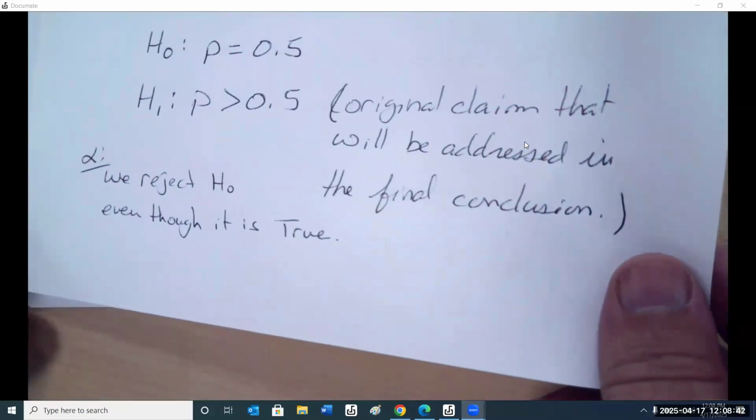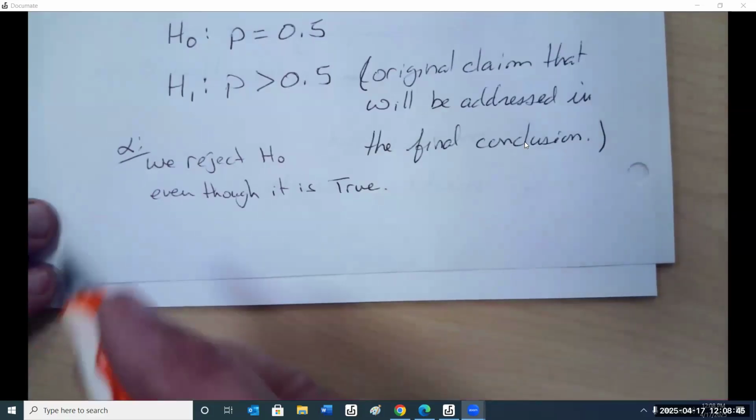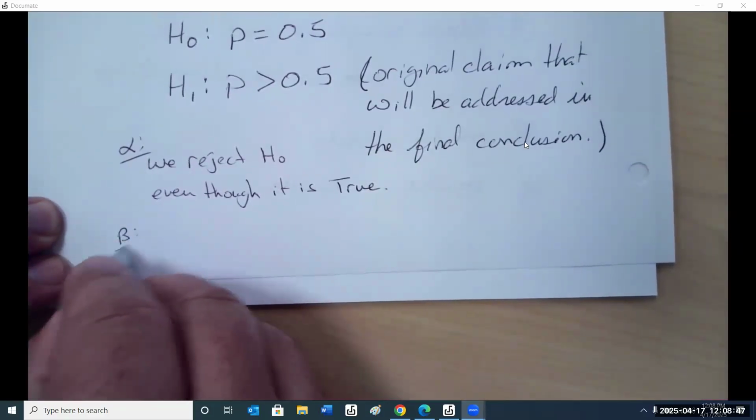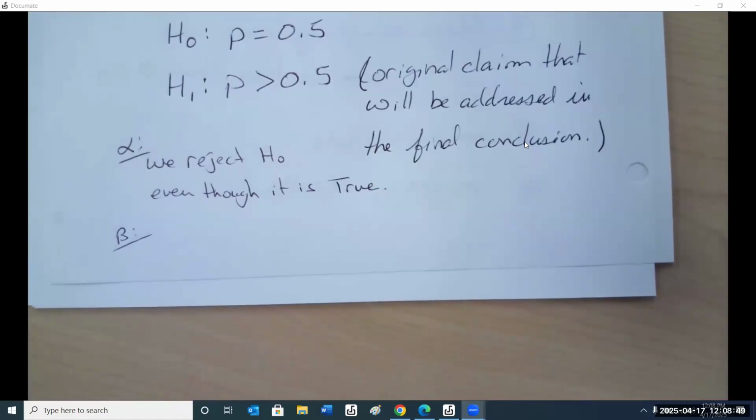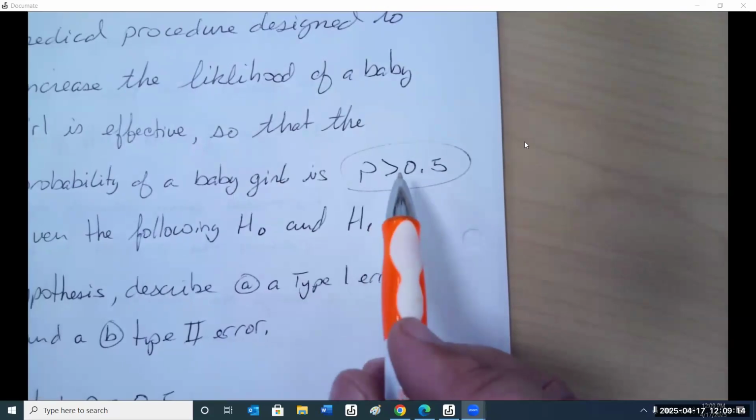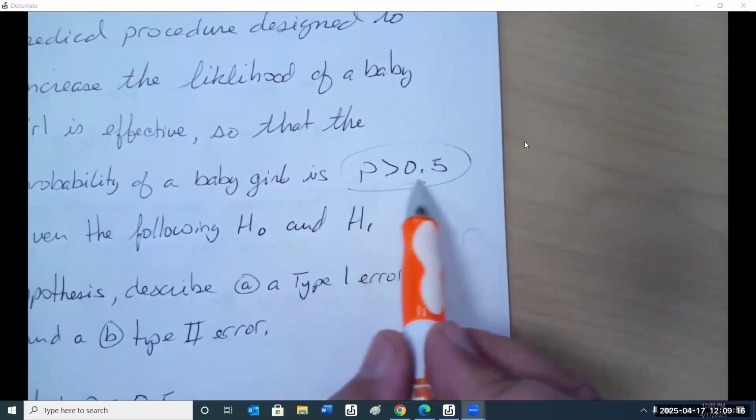How would you do a type 2 error, a beta? Remember, a type 2 is you fail to reject it even though it's false. Remember, they're finding out that the value is true here.